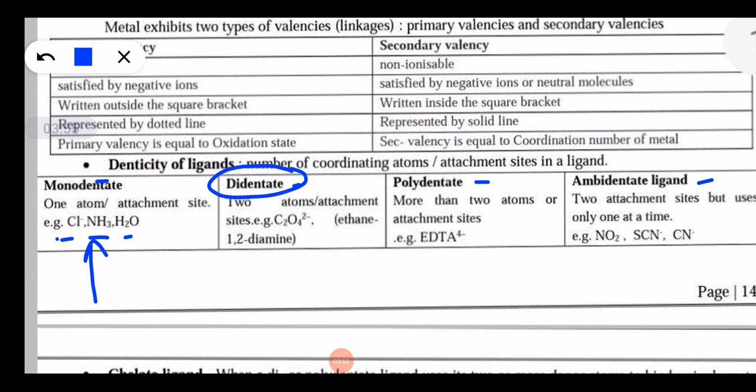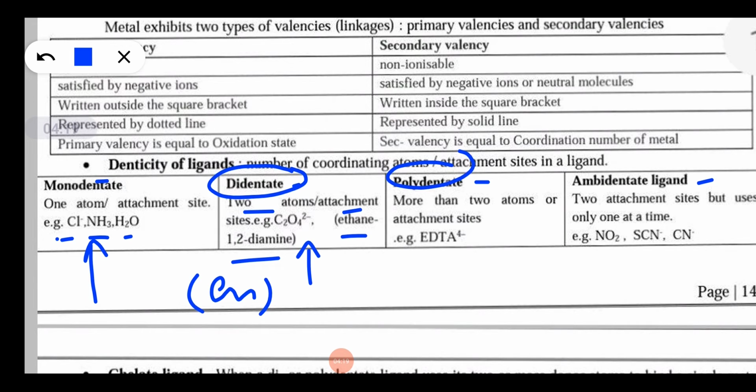Didentate ligand has two atoms or two donor sites. There are only two didentate ligands mentioned in NCERT. One is C2O4 2 negative, which is oxalato, and ethane-1,2-diamine, which is written as en in short. These are didentate ligands because they can form two bonds with the central metal ion.